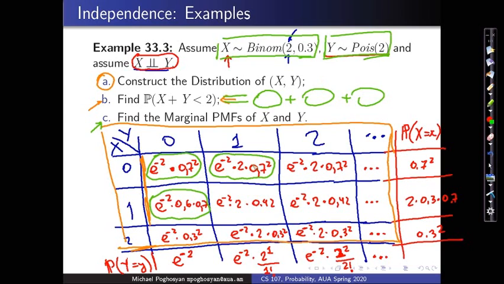If you add all these numbers, you will get this. If you add all these row numbers, infinitely many numbers, then you will get this. If you add these numbers, you will get that. And if you add in this way, say if you add these 3 numbers, you will get this. If you add these 3 numbers, you will get this, etc.